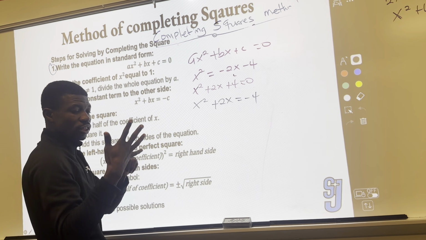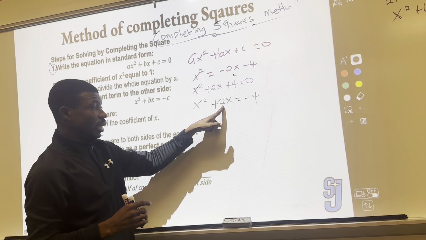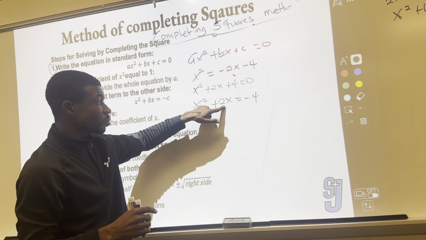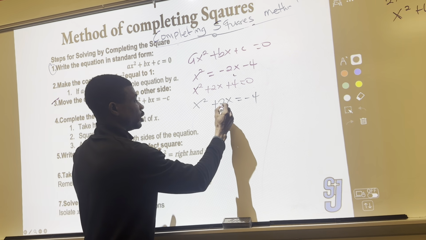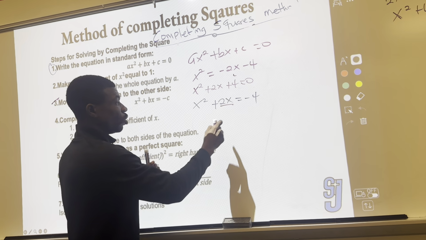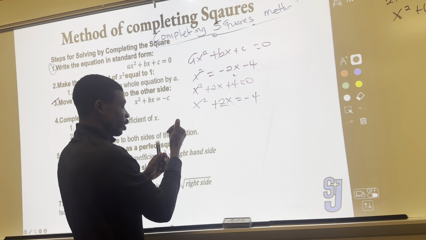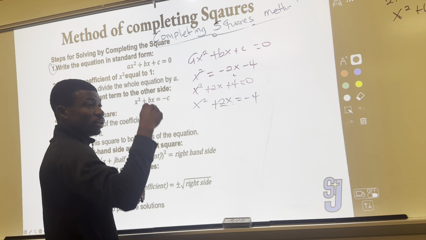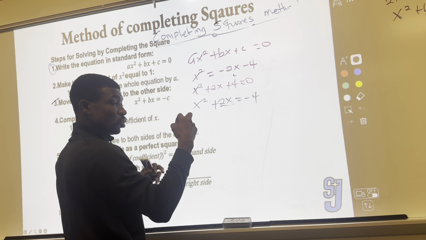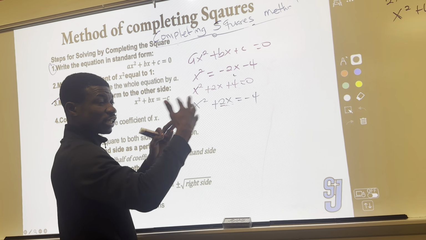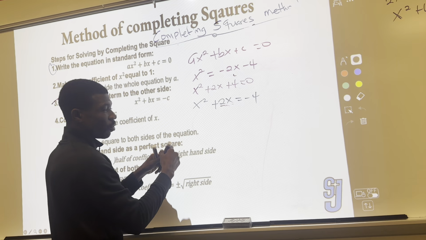So we have three things in one. In this case, our coefficient of x is 2. Now divide it by 2, square it, and add it to both sides of the equation. This is how I want you to do it.